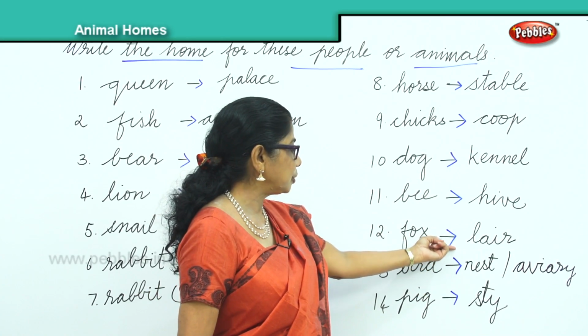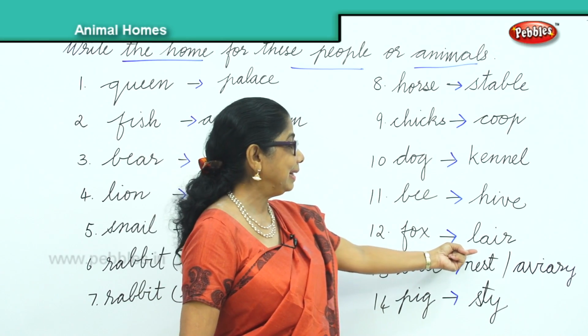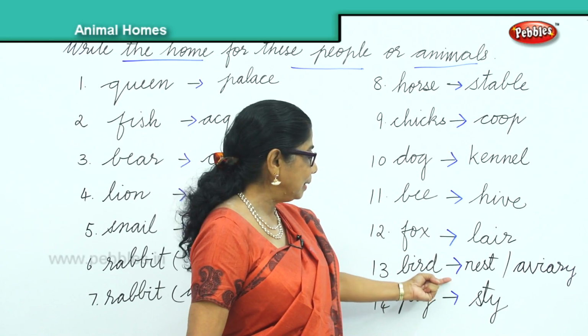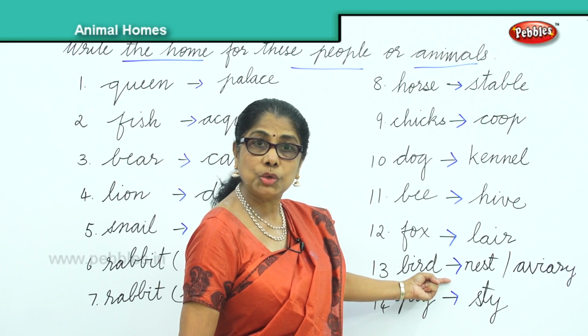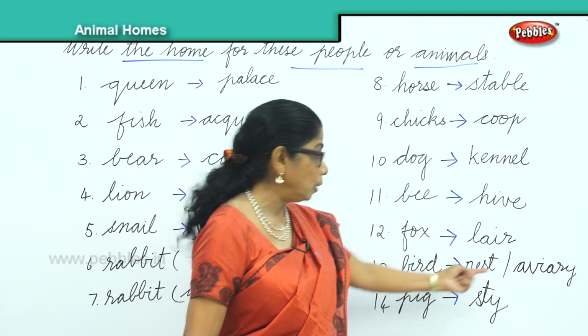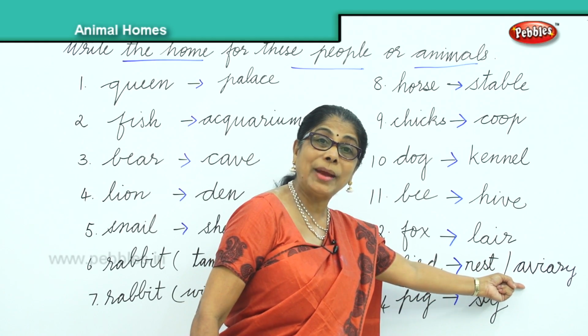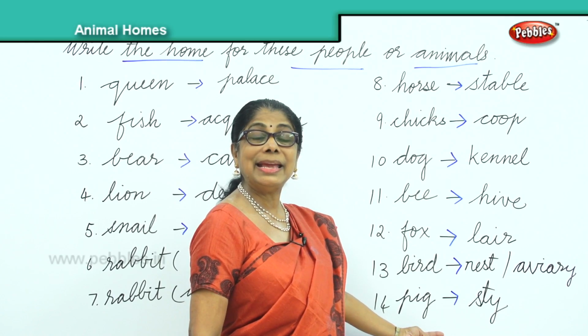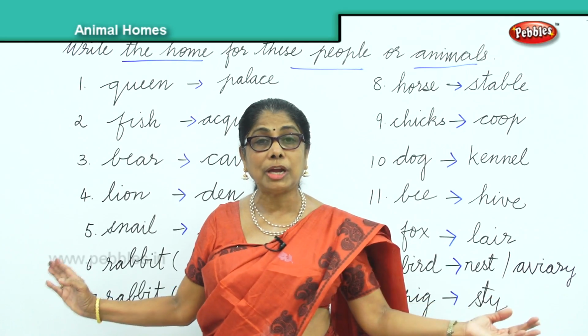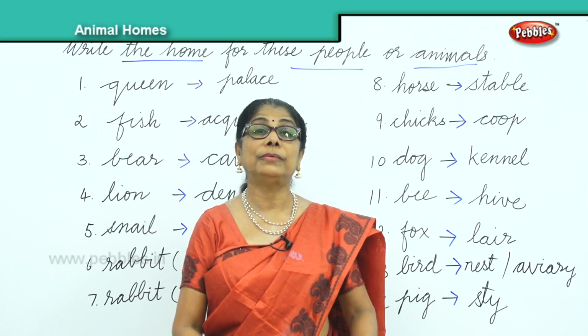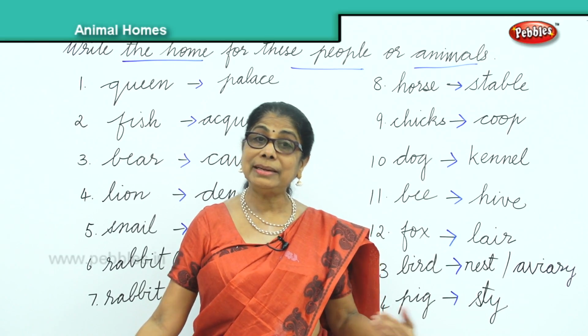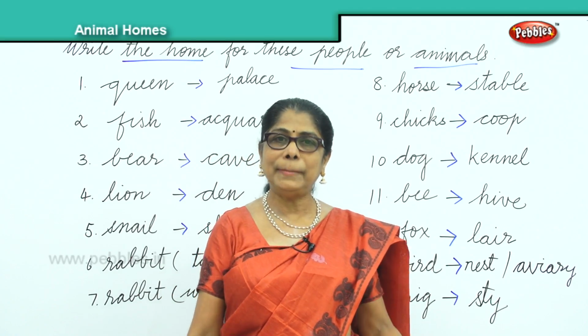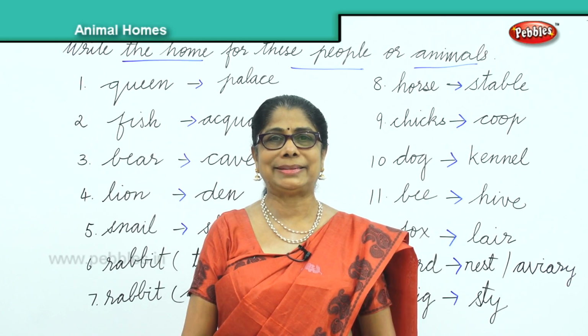Then we have fox. Fox lives in a lair. And then the bird. Bird builds its own nest, but when you have it in your house, we say the birds are put into an aviary. Pig. The pigs are kept in a pigsty. So these are some of the homes of animals. Some built, some are made by man to keep them as pets.